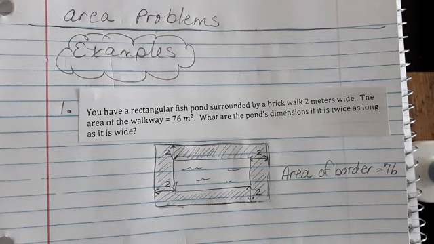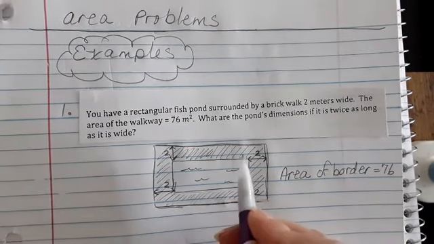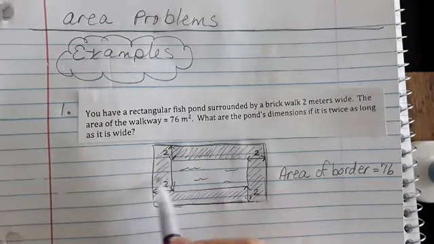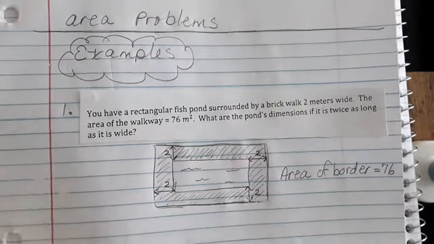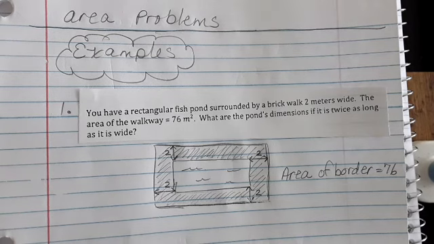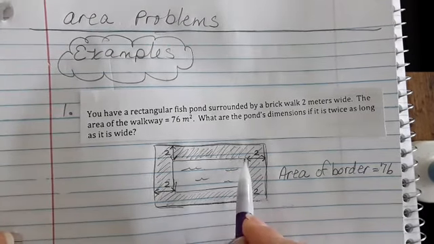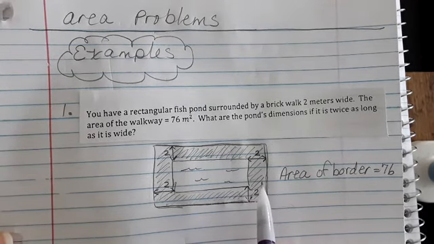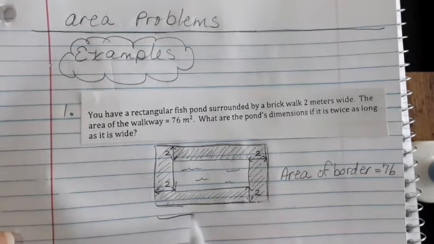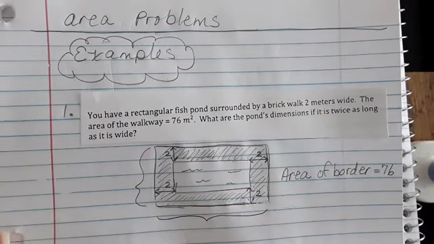So if we just want the border right here, that means we want to take out the rectangle inside. So we've got to subtract the large area right here, take away the small rectangle here, and we'll be left with that walkway. But we need a length and width for this outer rectangle.